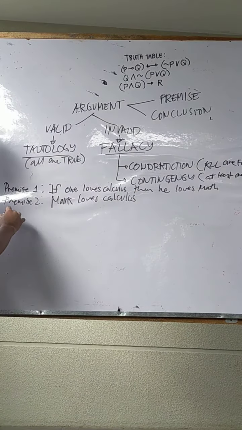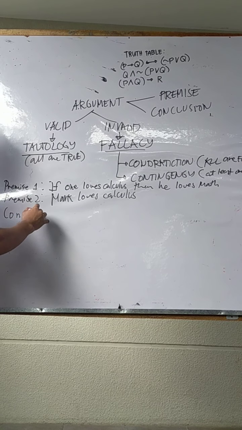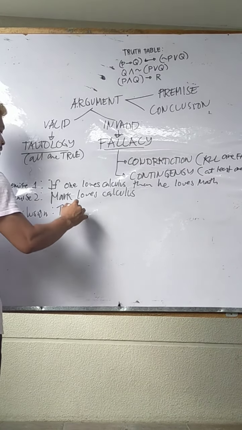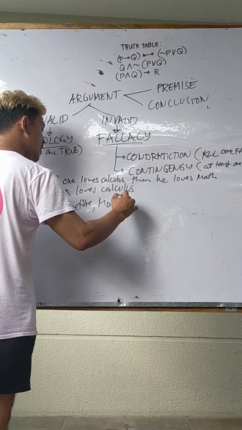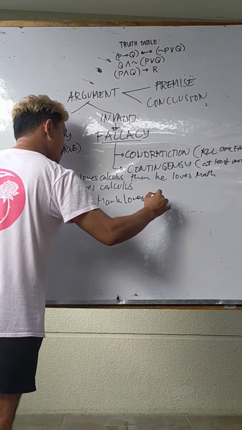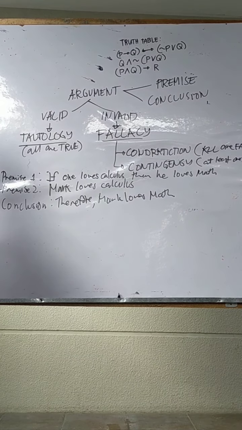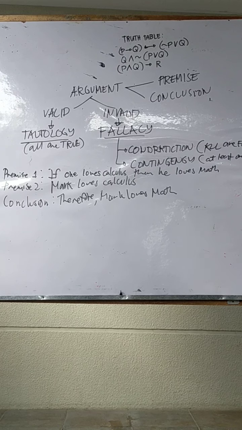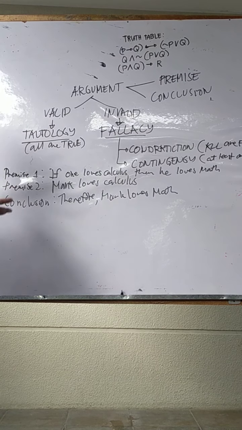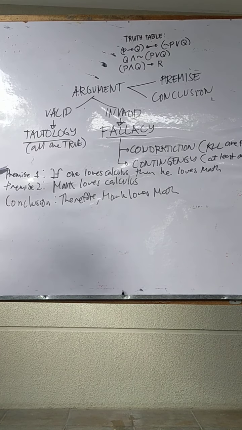Then for our conclusion, therefore, Mark loves math. So, premise 1, if one loves calculus, then he loves math. And premise 2, Mark loves calculus, therefore, Mark loves math.